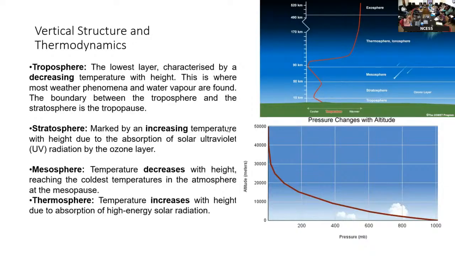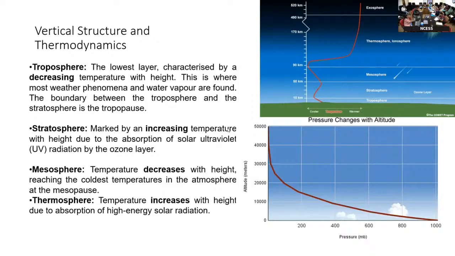It is defined as the change in temperature with height. The different layers of the atmosphere are classified according to how much the temperature varies within each layer. The first layer is the troposphere. It is the lowest layer.